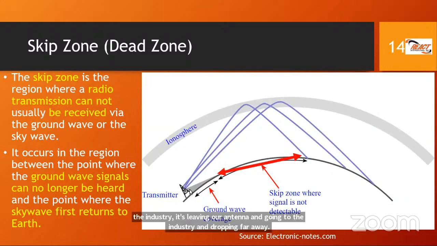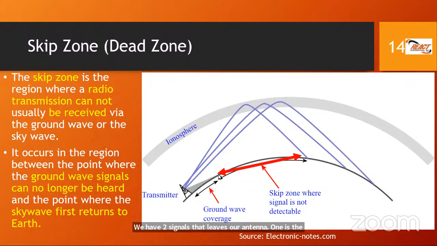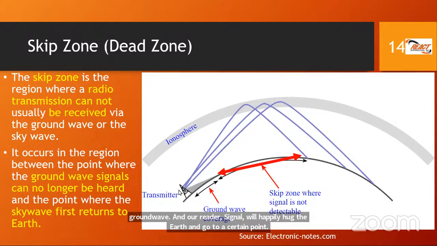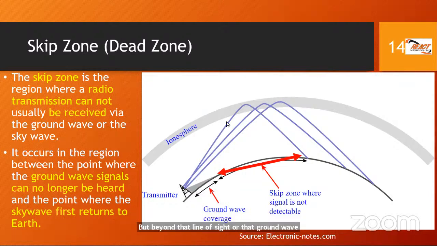One is the ground wave, and our radio signal will happily hug the Earth and go to a certain point. But beyond that line of sight or that ground wave coverage, the rest of the coverage will be via the sky wave that goes up into the sky and bounces off the ionosphere. But there's a void or there's a gap, and that gap is called the skip zone.